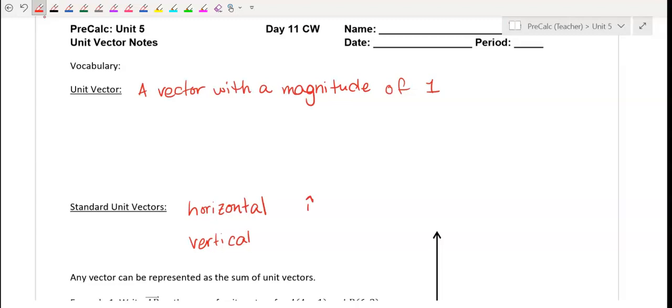It's not got the little dot on top of the i, it's just got the i and that little arrow up. And the vertical one is a j hat. So it's wearing a little hat on it, and that's how you signify that it is either horizontal or vertical. I always remember those because they're alphabetical. i comes before j in the alphabet, just like x comes before y, and we all understand that x is our horizontal and y is our vertical.